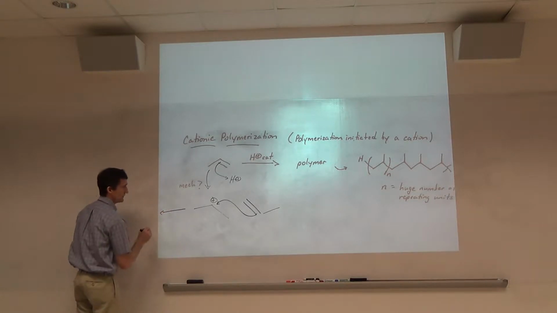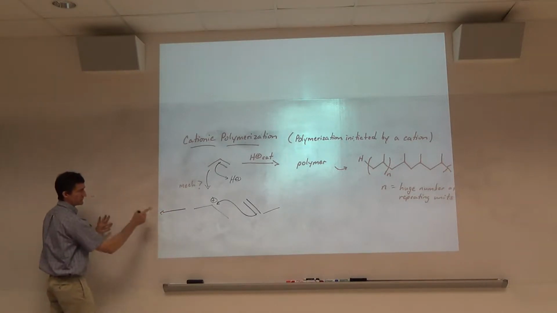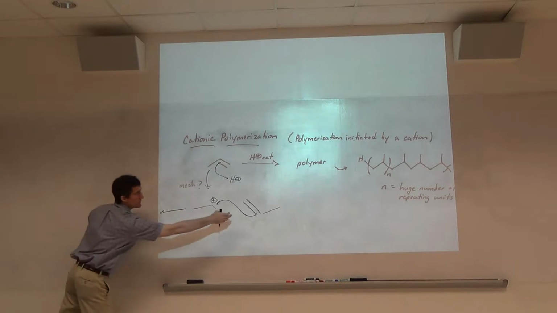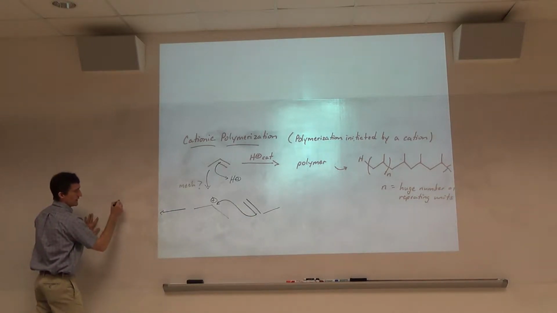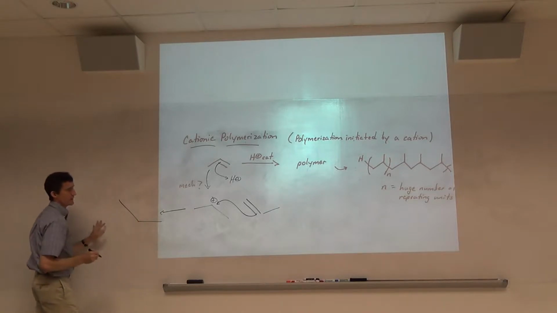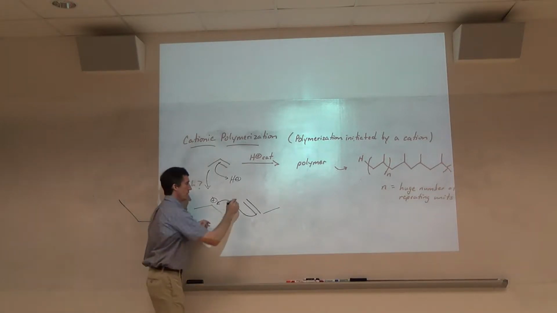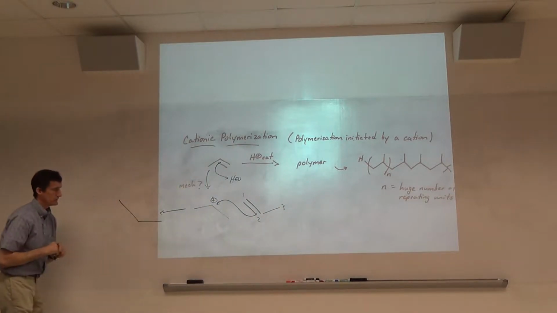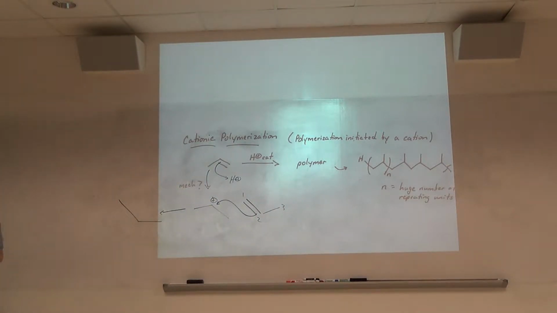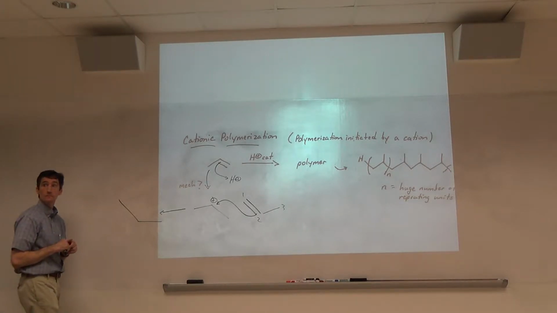Well, I'm going to draw the original molecule, the nucleophile molecule. That's the nucleophile, this is the electrophile. We got this. Which carbon of this, 1, 2, or 3, bonds to this over here? Because it's hinging from the 1.